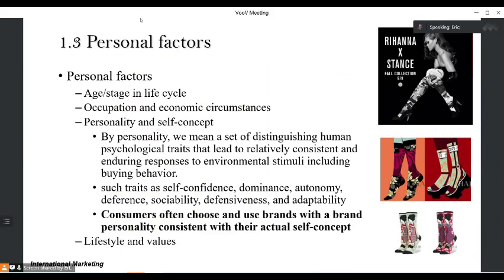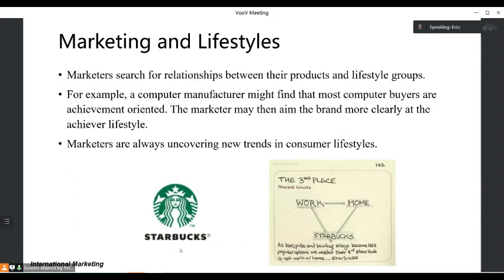So this is about the personal factors, personality and self-concept. The last personal factors are lifestyle and values. About lifestyle, we find that everyone has a different opinion about it.